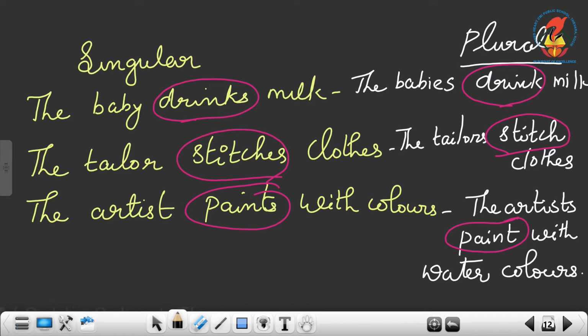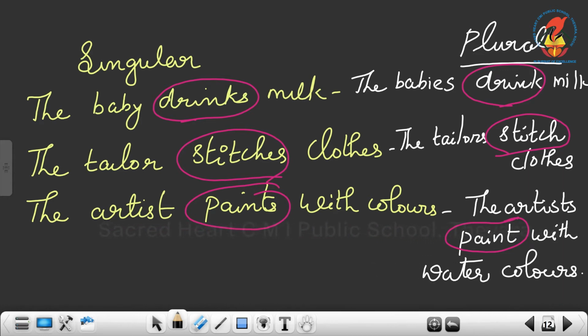See, the baby. In the textbook it is written, I am not taking all things together, but I'll just take three examples so that it is clear for you. The baby drinks milk. Children, you see the baby, that is singular, one. So here I am adding S with the verb drinks.